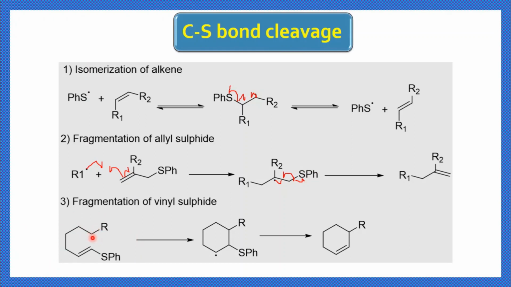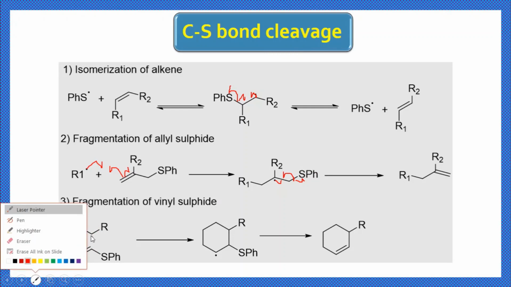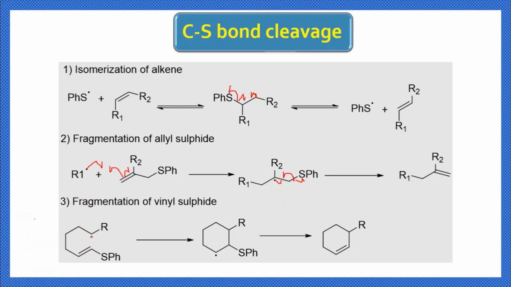So this radical reacts with this carbon carbon double bond, and it generates CH2 radical. Let me show you so you can easily understand. The breaking of this double bond takes place like this, and this carbon will form a bond with this radical.